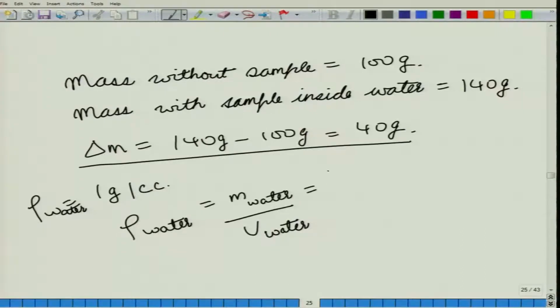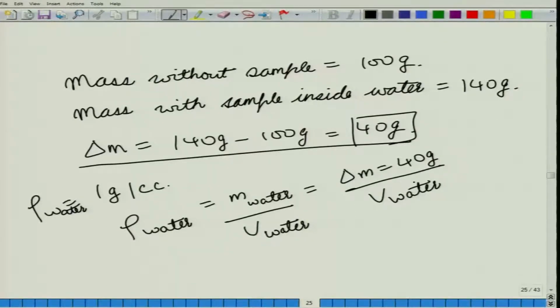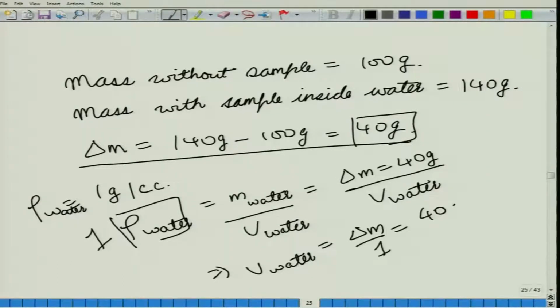Here the mass of water that the instrument sees has been put inside is delta m, 40 grams, divided by the volume of water that has been put in. Now, this value is 1. So, we get the volume of water equal to delta m by 1, which is 40 cc or 40 milliliters. This volume will be equal to the volume of the sample that we had put in. So, the volume of the sample here in the example is 40 cubic centimeters.